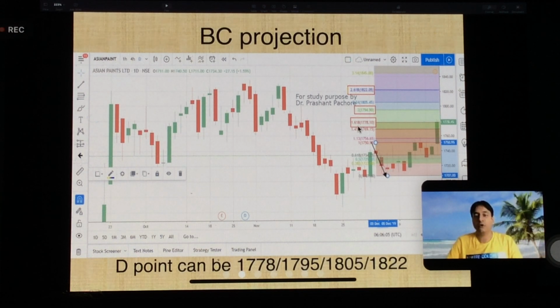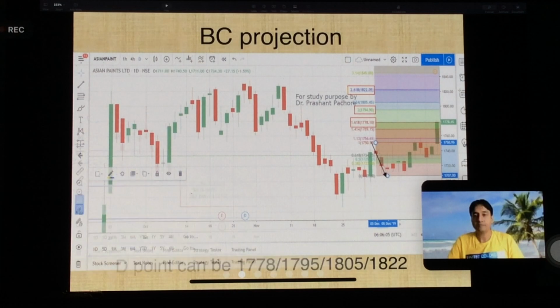But at present, what we are concerned with, since I have made an assumption that it's a bat pattern, is that I have got a D point at 0.886 as per XA retracement. And what should the BC projection be if it's a bat? It should be either 1.618 to 2.24 or 2.618. So what was the D point?